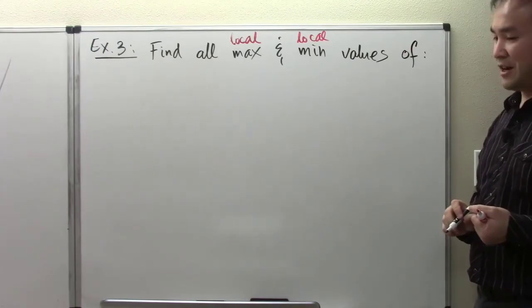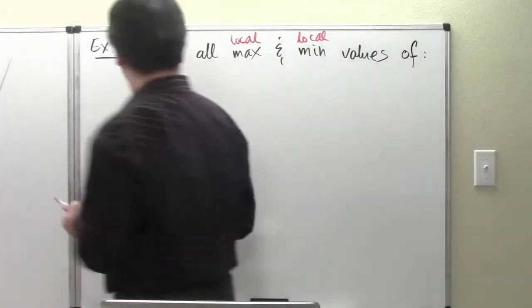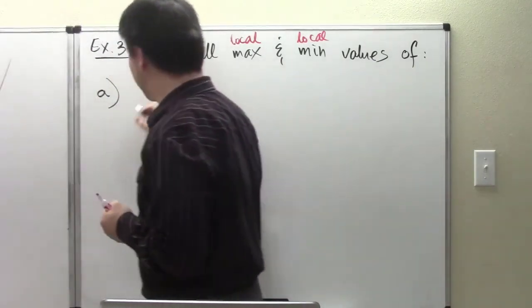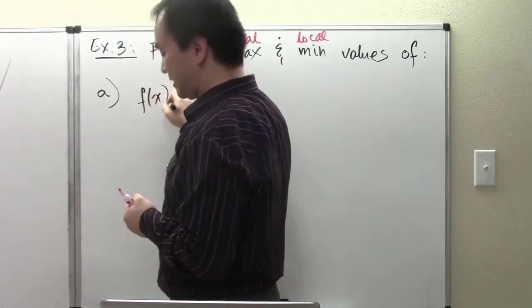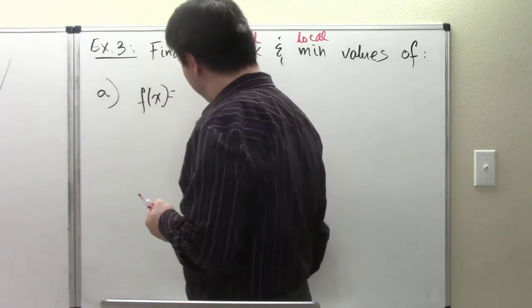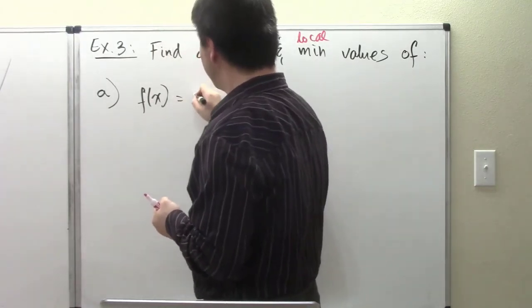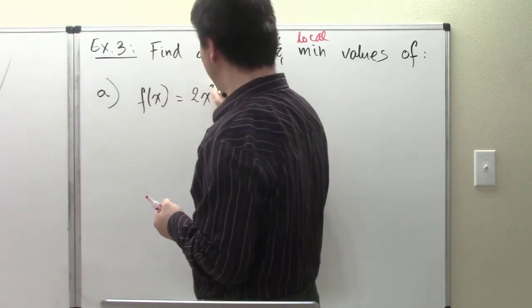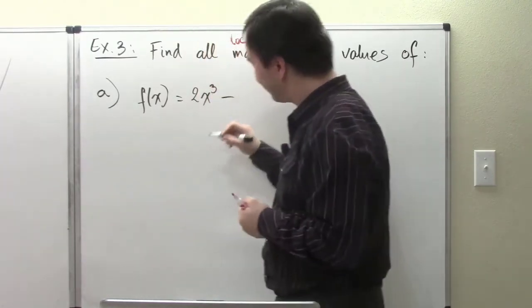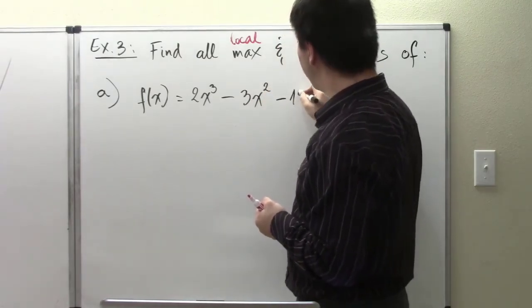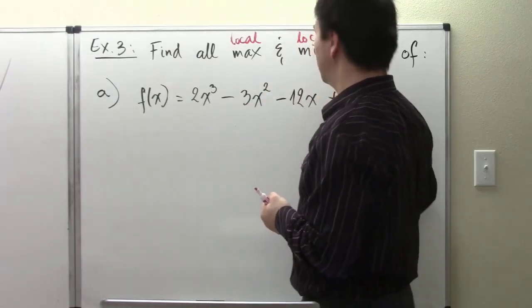Now, part A of our example is about f of x equals 2x cubed minus 3x squared minus 12x plus 1.